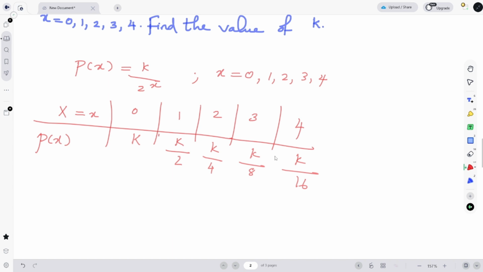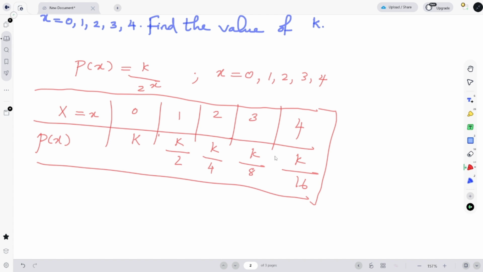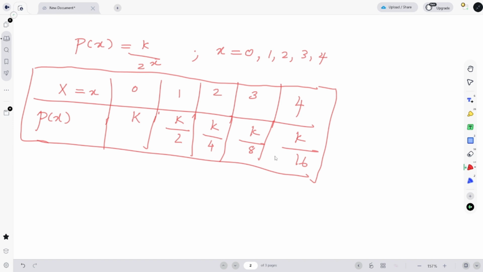So this is the probability mass function. First one is k by 2 raised to 0, that is k. Then k by 2 raised to 1 is k by 2, and so on.